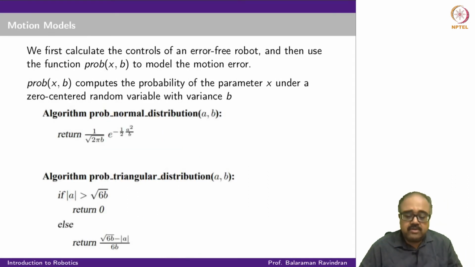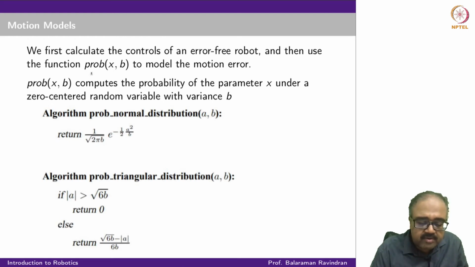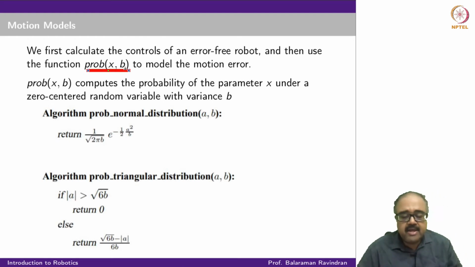So the probability function we had, probability of x comma b, is going to tell you what the probability is that you observe x when the actual distribution of x is modeled with a variable that has 0 mean and a variance of b.